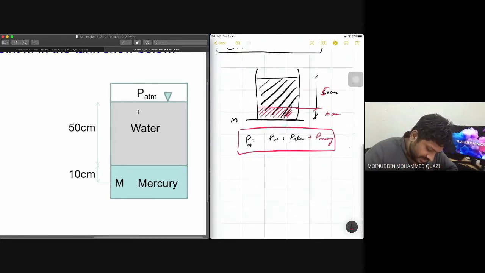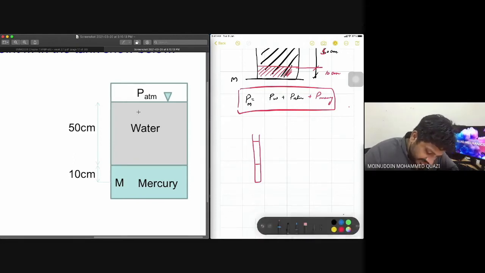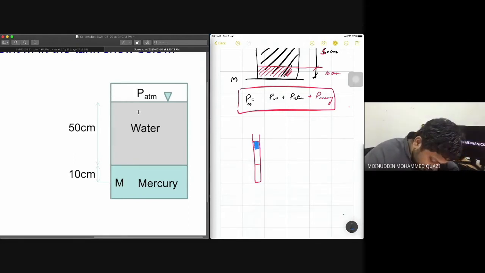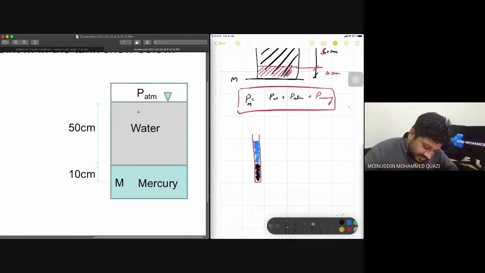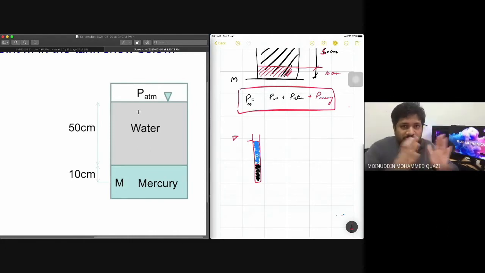Let's say I've got a very small tube also, and got water here. From here to here I fill water, and from here to here I fill mercury, and the tube is open to atmosphere. So again it will be the same pressure. It doesn't matter small tube, large tube.